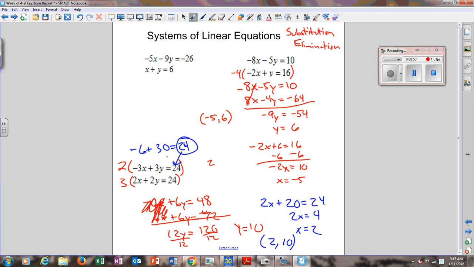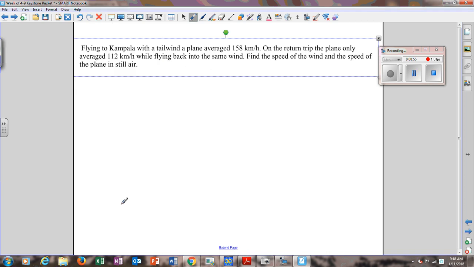Okay, moving on. You're always going to have a word problem that goes with it. So flying to Kampala with a tailwind, a plane averaged 158 kilometers per hour. So tailwind is a wind that is blowing at the back of the plane, pushing it forward.